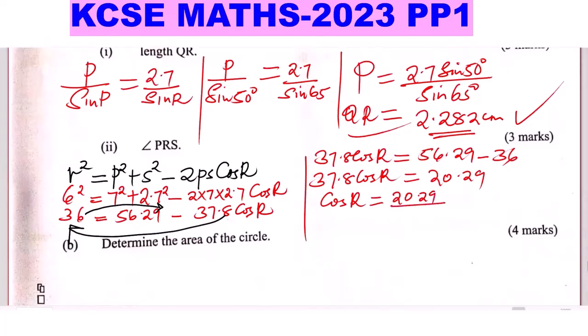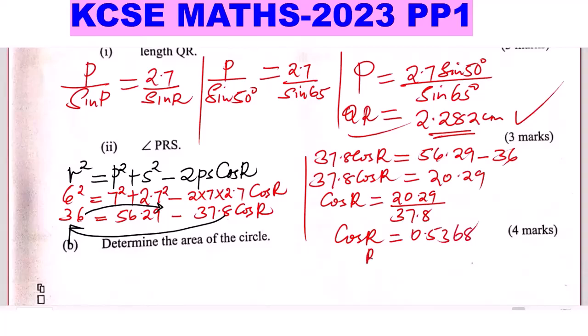Cosine of R is given by 20.29 divided by 37.8, that will give 0.5368.